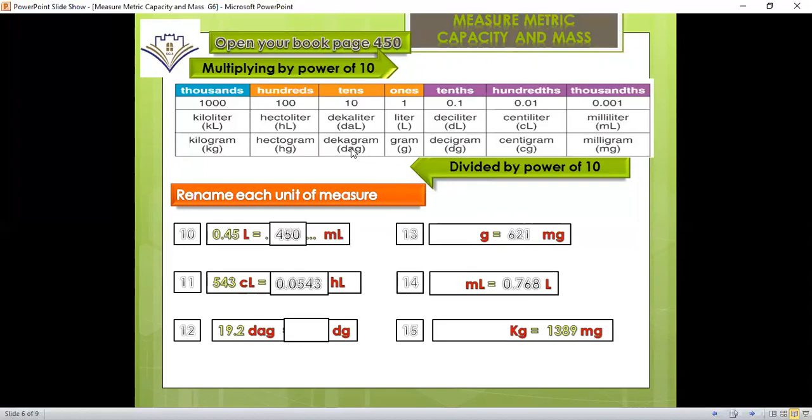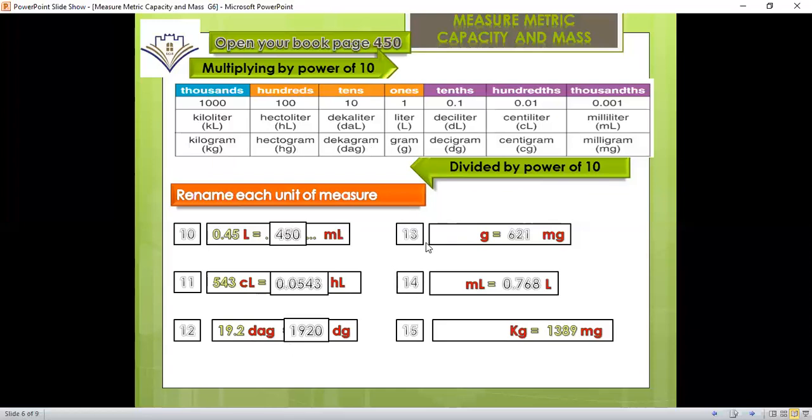Multiply or divided from this way. Then 10 and 10, then 10 multiply 10, multiply by 100. Then move the decimal point 2 places, and 0 again, then 1,920.